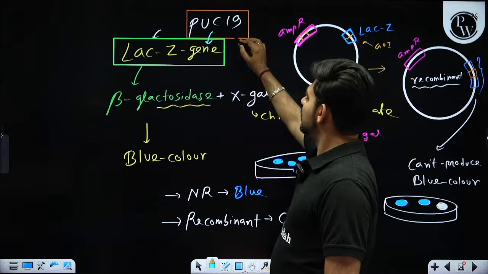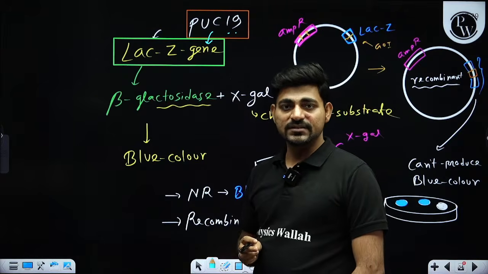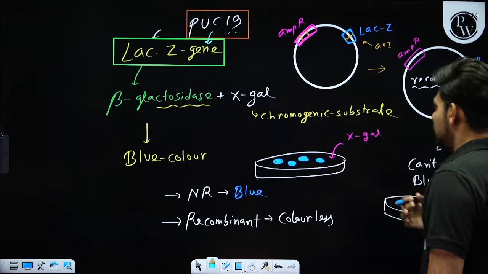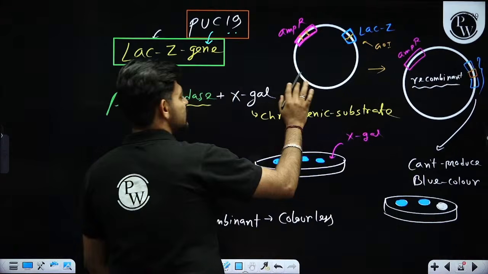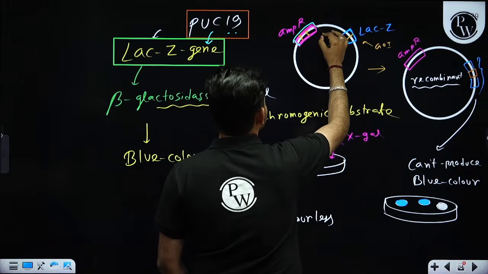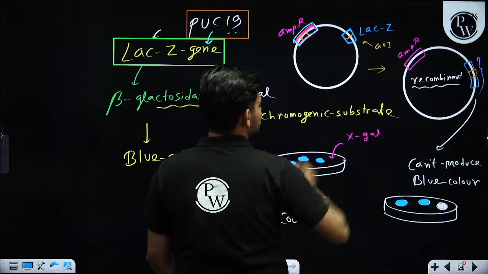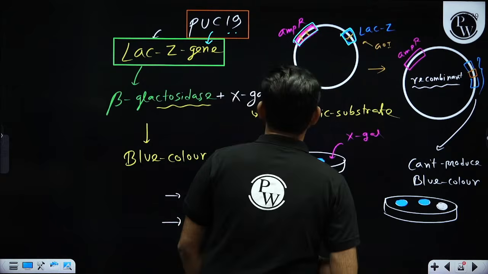Okay, and 19 is the order number. So they constructed a plasmid called pUC19, and this pUC19 had one ampicillin resistant gene and another selectable marker called lacZ.